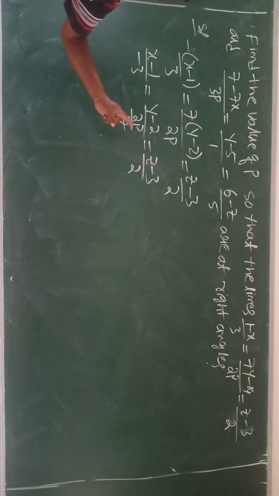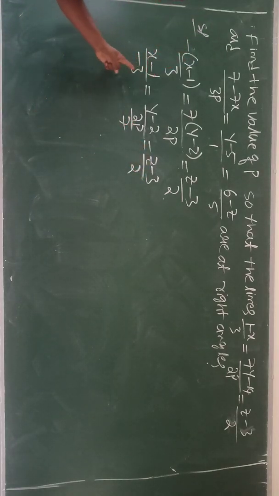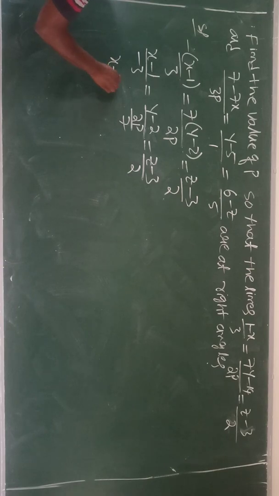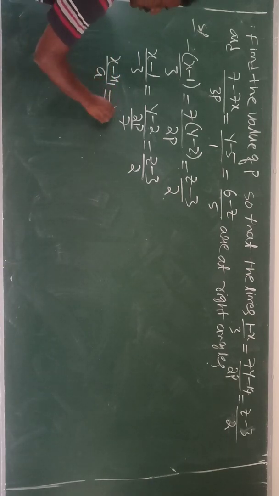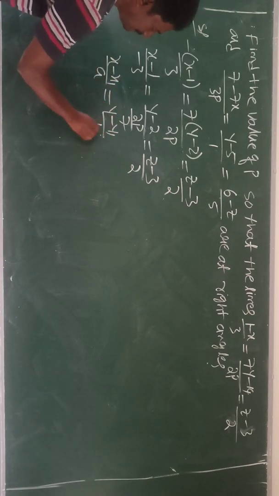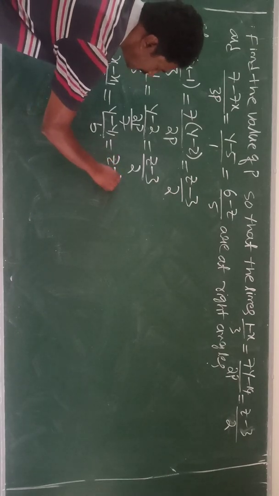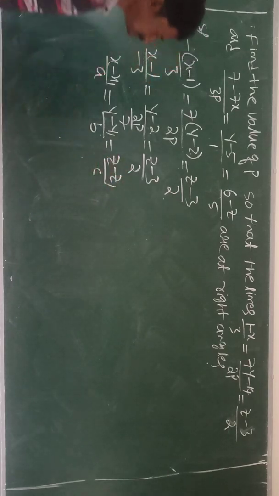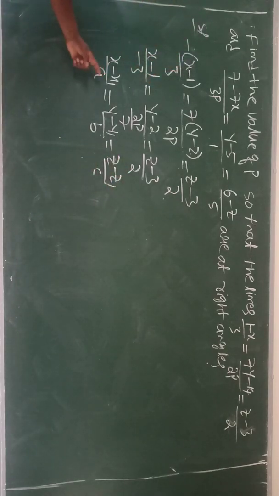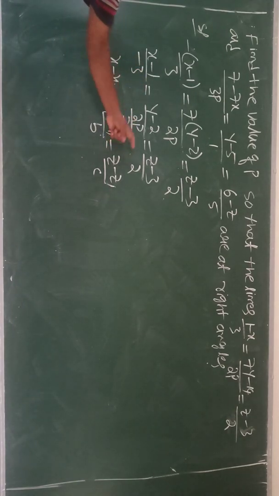Now it is in correct form: (x minus x1) by a, (y minus y1) by b, (z minus z1) by c. Now you can collect a, b, c. Take these as a1, b1, c1.